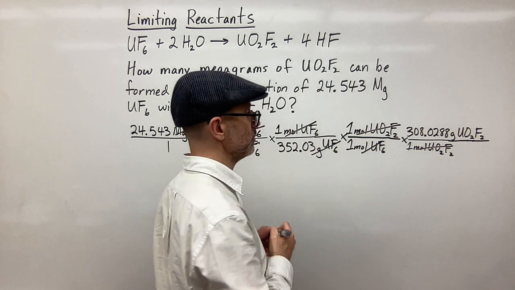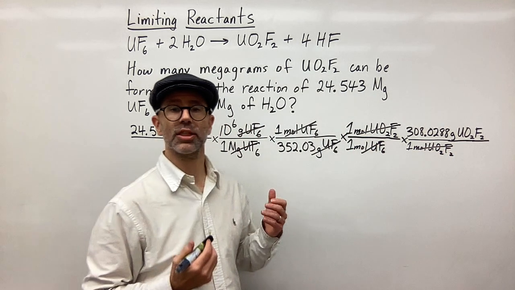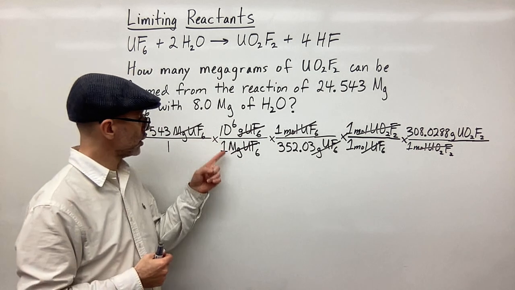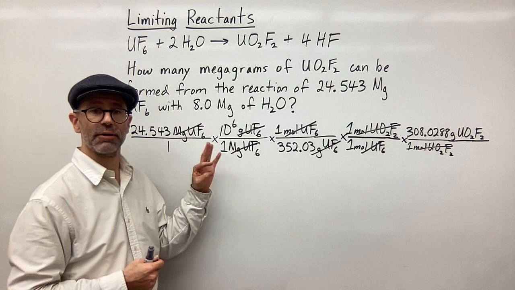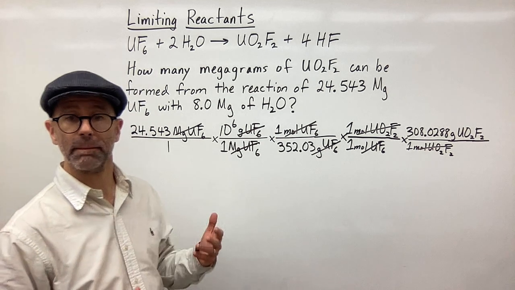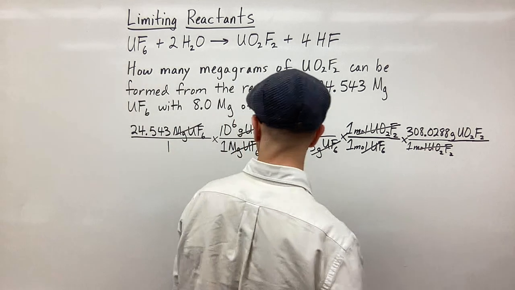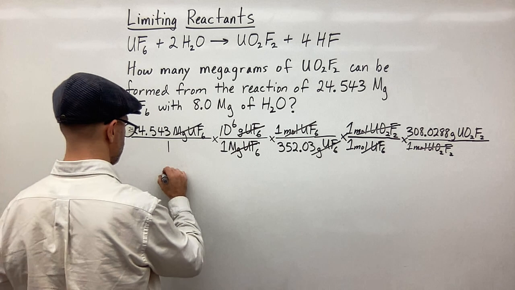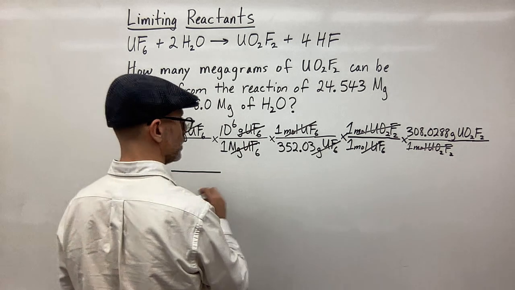Now I have grams, and I want to convert that back to megagrams. So I'm going to use this relationship here, but I'm going to flip it. 1 megagram is 10 to the 6 or 1 million grams. So I'm going to continue down here and multiply by that conversion factor.